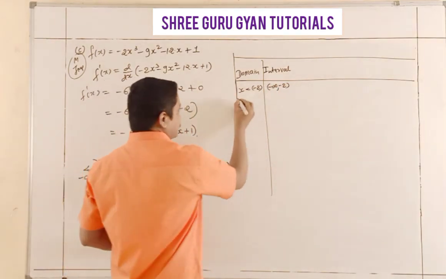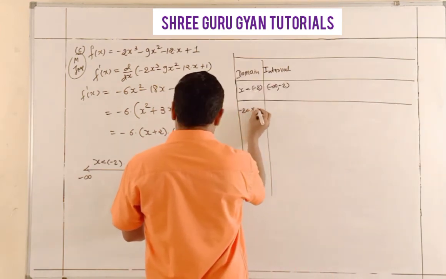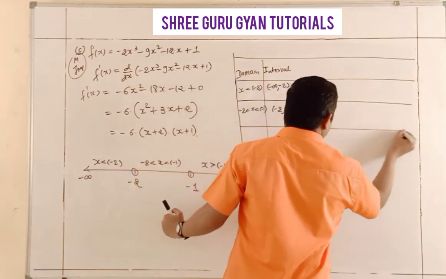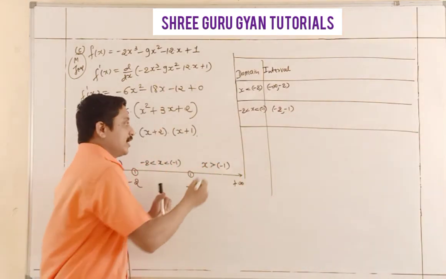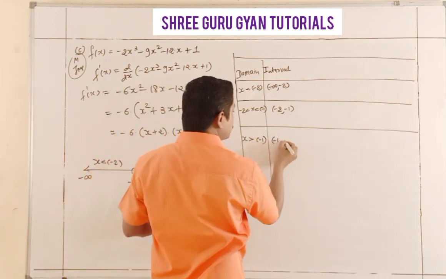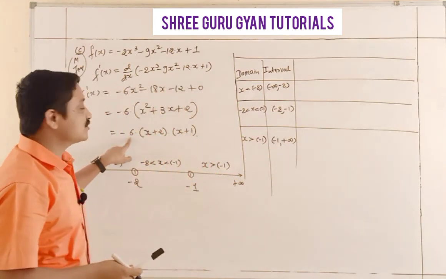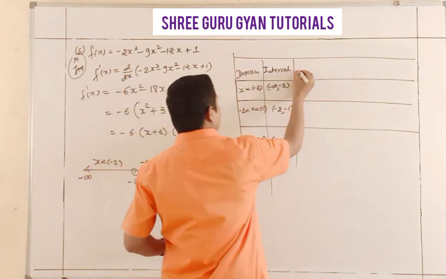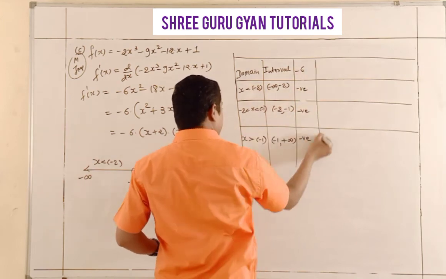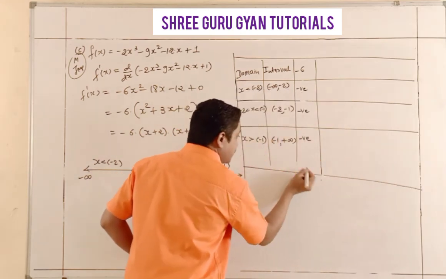Second is -2 to -1, interval ready. And the third case is x more than -1, which is -1 to plus infinity. Now students, I take first -6. Minus 6 every time is a negative value. Yes, here my table is ready.